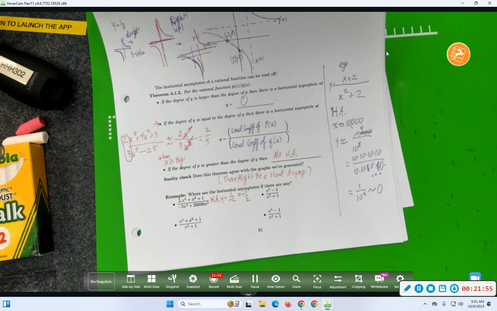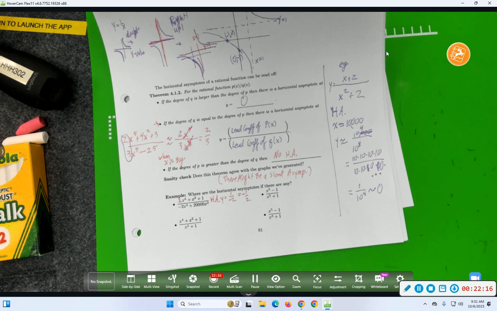The denominator wins, so it's 0. This one, where is this horizontal asymptote? Here on 1? There is none. In fact, the top is degree 5, the bottom is degree 3. That'll look like a parabola. Its asymptotics will be roughly parabolic.